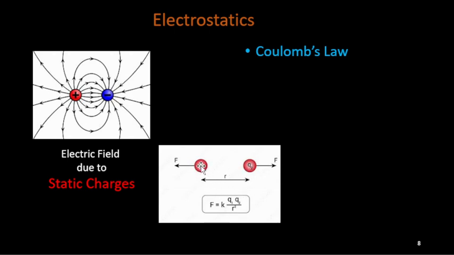If these two charges have the same sign, each charge will be repelled by the other. If they have opposite signs, they will be attracted to each other. Here we are assuming Q1 and Q2 have the same sign, both positive or both negative. They are repelled. This is the direction.